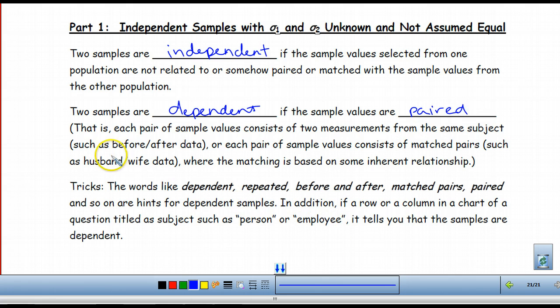And this could be something like before and after data, if we were doing something on a weight loss drug or a cholesterol lowering drug, or it could be a matched pair such as husband or wife, or even within yourself, left foot, right foot, something like that. The way that you want to see these are words like dependent, repeated, before and after, matched pairs, and so on. These are the hints that tell us that they're dependent.